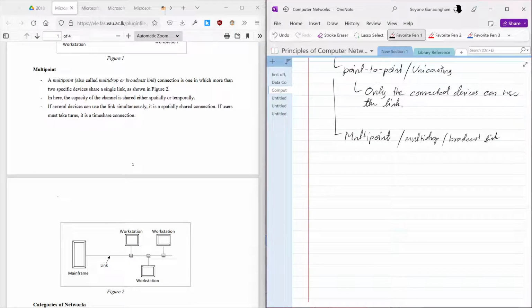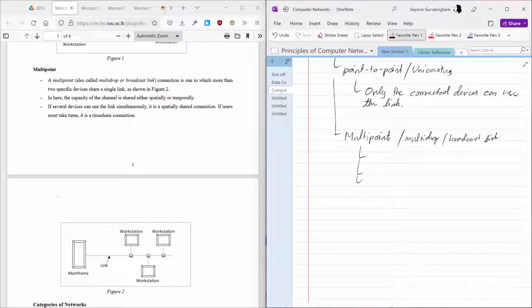A multi-point connection is one where more than two devices are connected to each other, and there are many ways in which you can connect more than one device. Now if you think about it, the ways in which you can connect more than two devices, isn't that a network topology? Yeah, that's right. Under multi-point networks, I guess you could divide it into the different types of topologies, right?